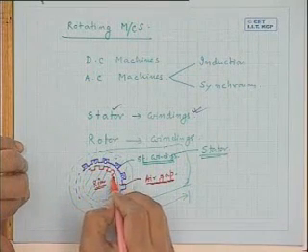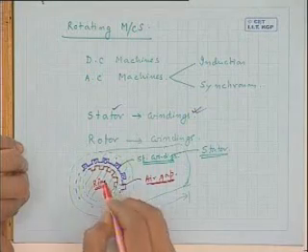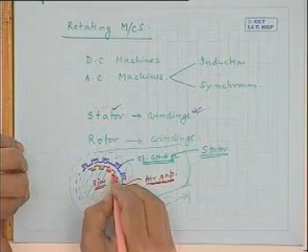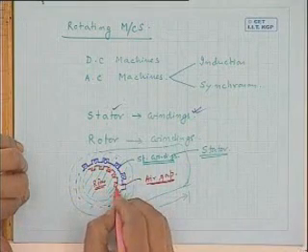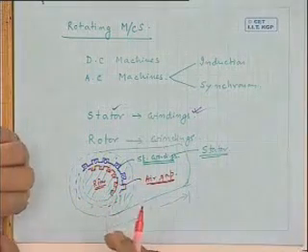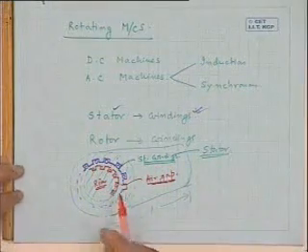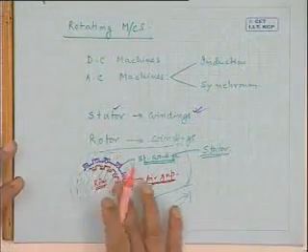Obviously, the rotor too will be slotted on the outer periphery like this, so that some winding can be housed on the rotor structure. So rotor and stator both are made of iron, the inner periphery of the stator is slotted, and generally the rotor is also slotted, with windings placed on both.